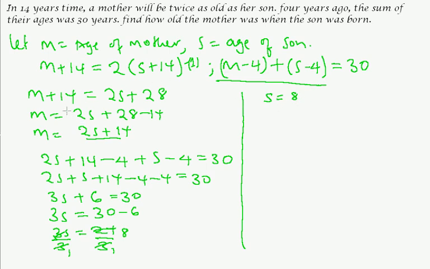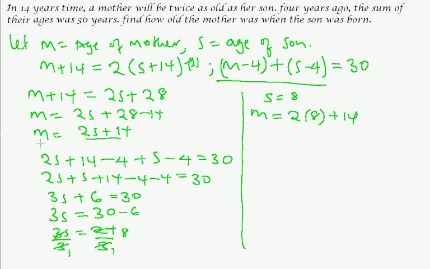Now let's come back here and find the age of the mother. The age of the mother is m, which is equals to 2s plus 14. So the age for the mother, m, is equals to 2 times 8 plus 14.